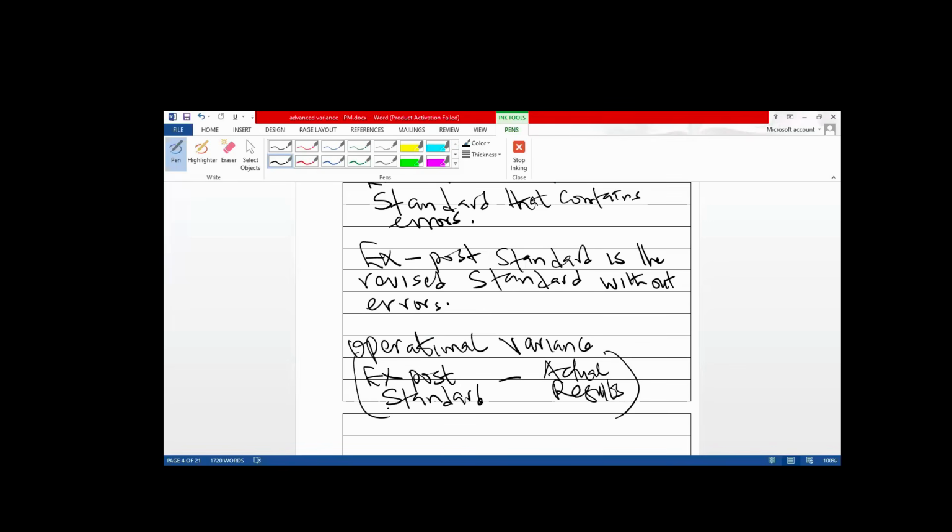The resulting variances from operational variance can be used to measure performance.